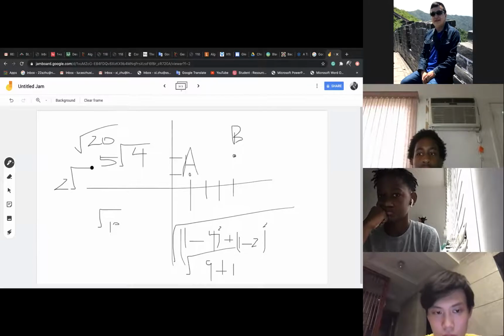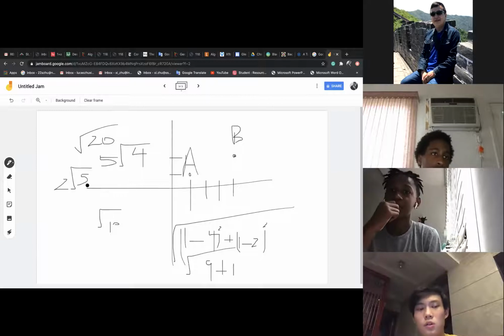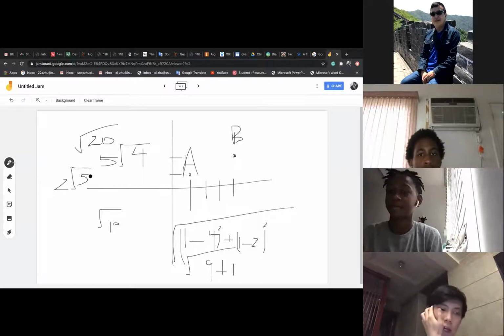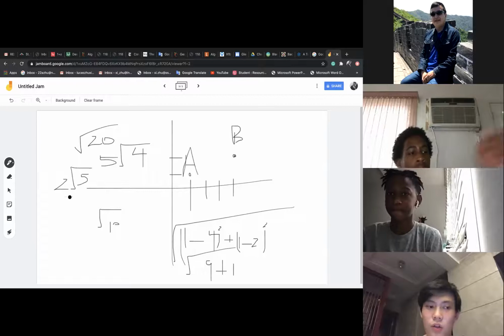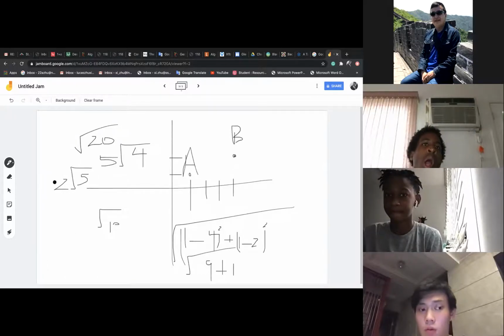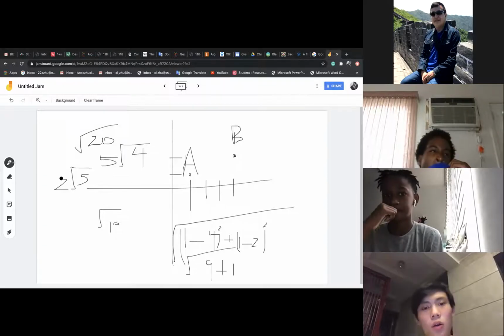Yup. See? That's how you do it. Because 4 times 5 equals 20, and you can extract the 4 out, which equals 2 outside.